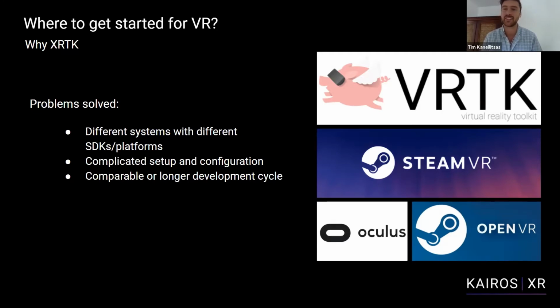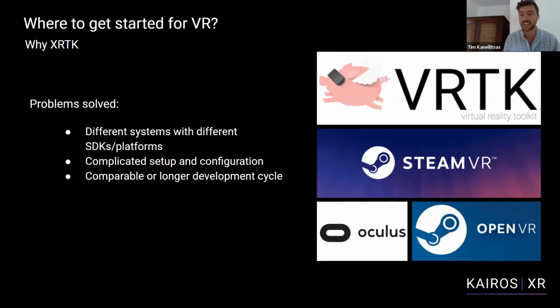It took me a little while to realize that we should be using the existing interaction tools and the existing locomotion tools as well. A few examples: VRTK, SteamVR, Oculus is a great interaction tool set as well. OpenVR, these are all SDKs, and they're all frameworks that do a lot of the legwork when it comes to building out interaction and locomotion.